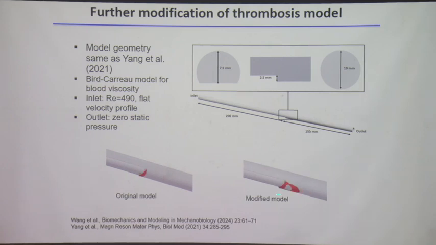So this is predicted with the latest modified model that had avoided this overgrowth of the thrombus over this surface, which is not realistic. So that's how a subtle change in your model can modify the predicted outcome.